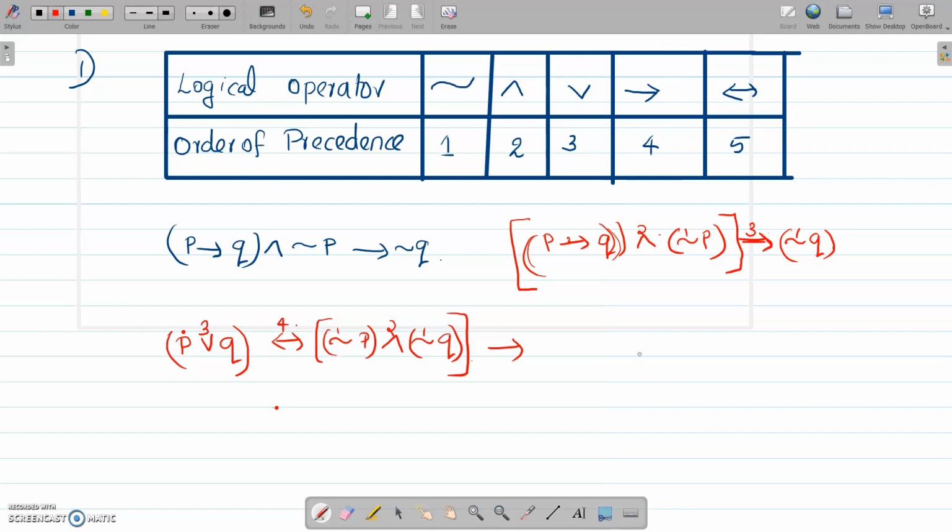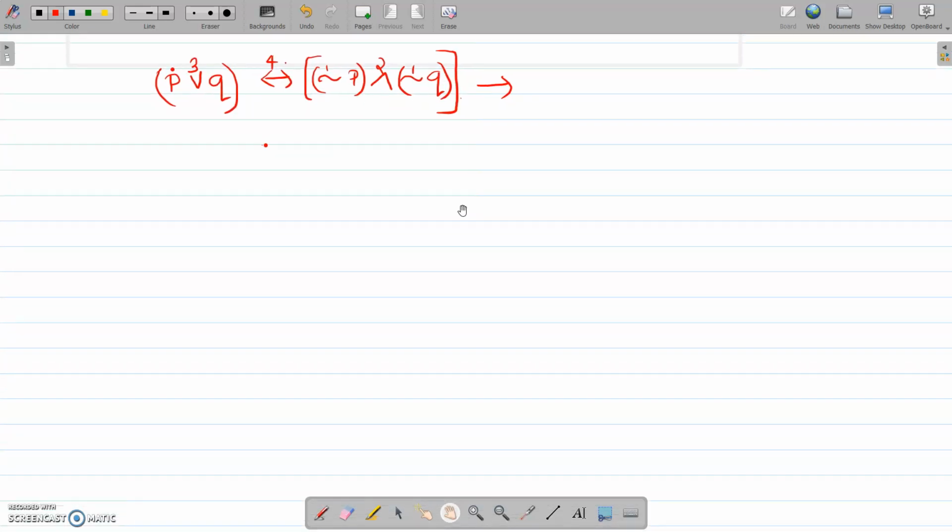After that, I would like to explain what is meant by a tautology. Consider a compound proposition.